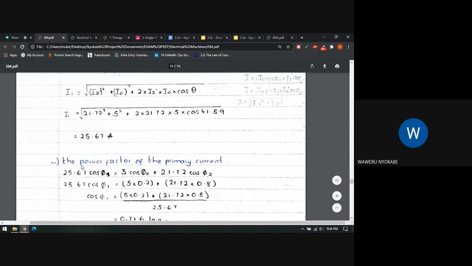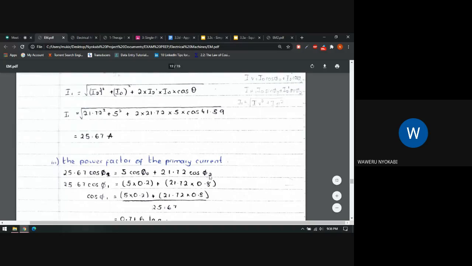So you remember, I1 squared is equal to I0 squared plus I2 prime squared. And when we have the cos components, we can just equate them like this. 25.67 cos theta 1, which is the angle at which it's lagging that we don't know, and we're looking for this power factor, is equal to 5 cos theta 2 plus 0.2 times cos theta naught, which is what we're given.